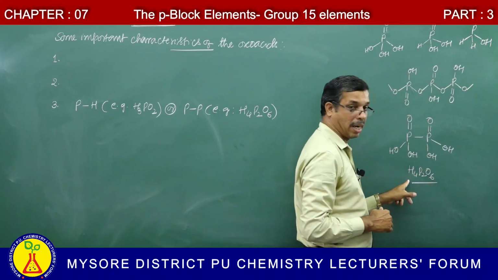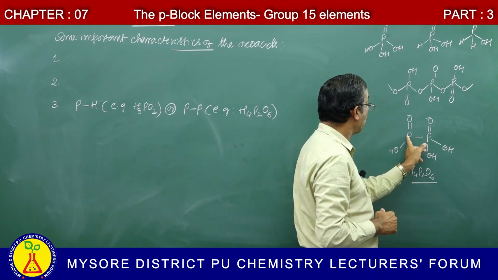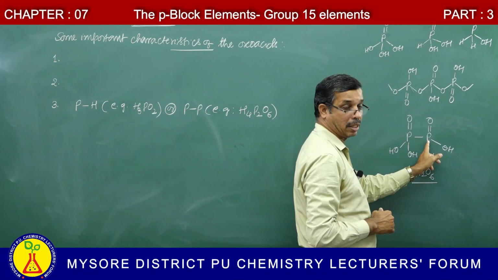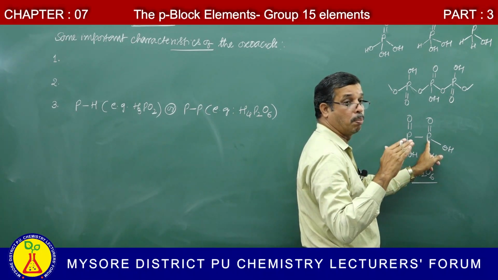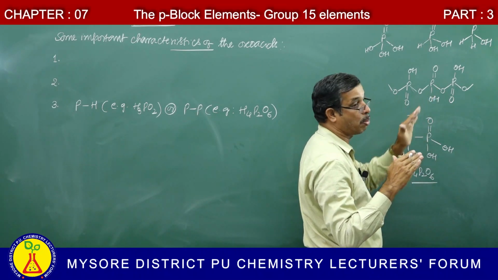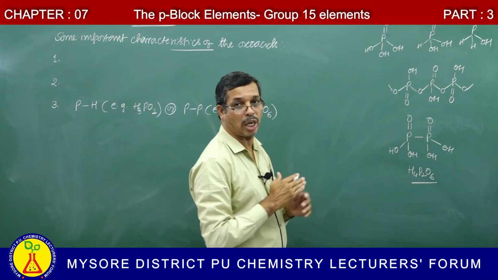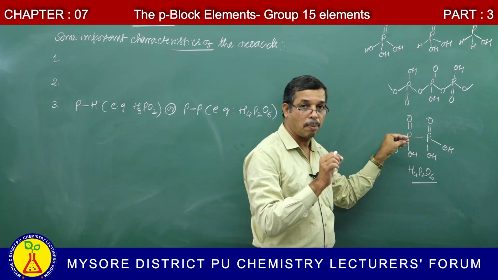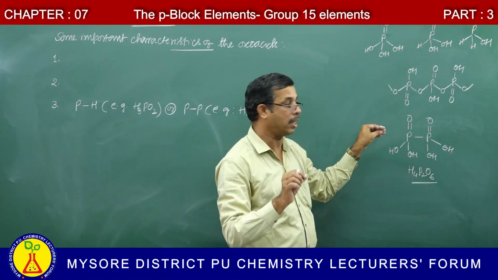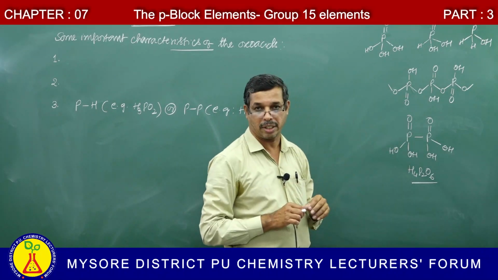When we come to this one, in addition to P=O and P-OH bonds, a P-P bond is there, but P-P and P-H bonds are not both present in the oxoacids. If a P-P bond is there, a P-H bond will not be there. If a P-H bond is there, a P-P bond will not be there. Is it right?